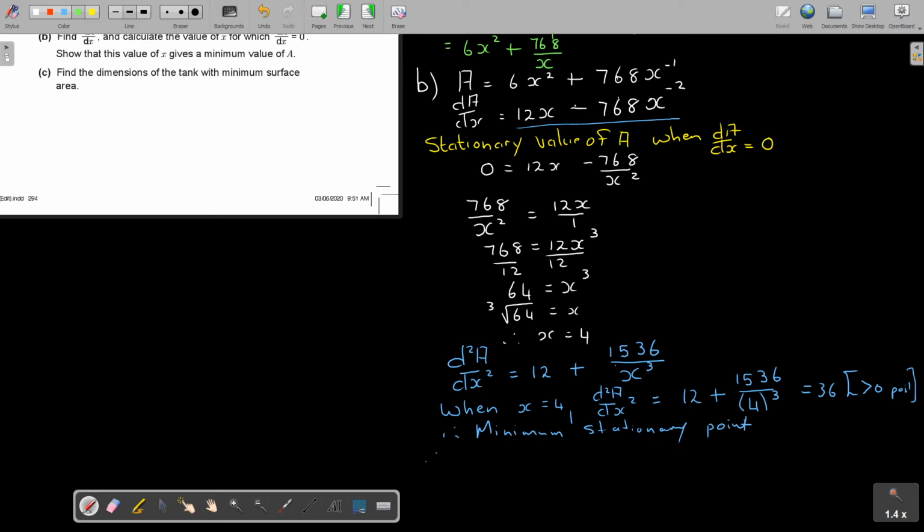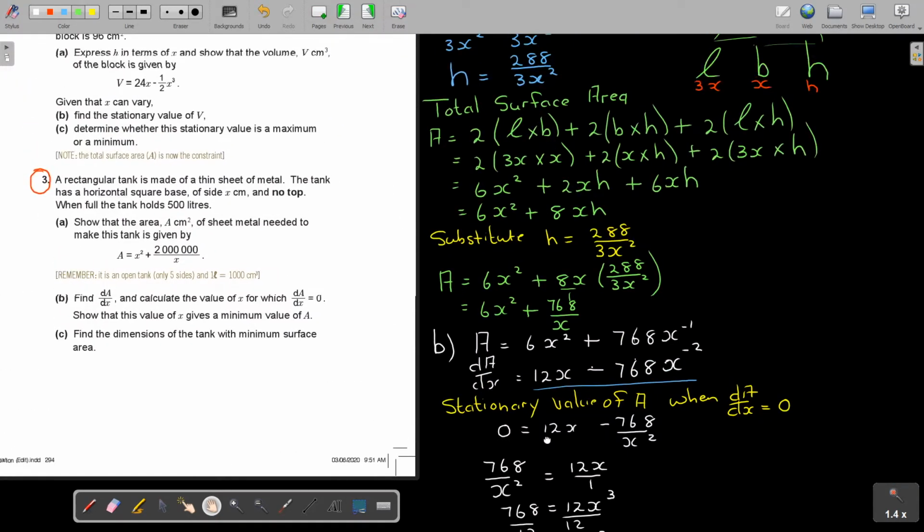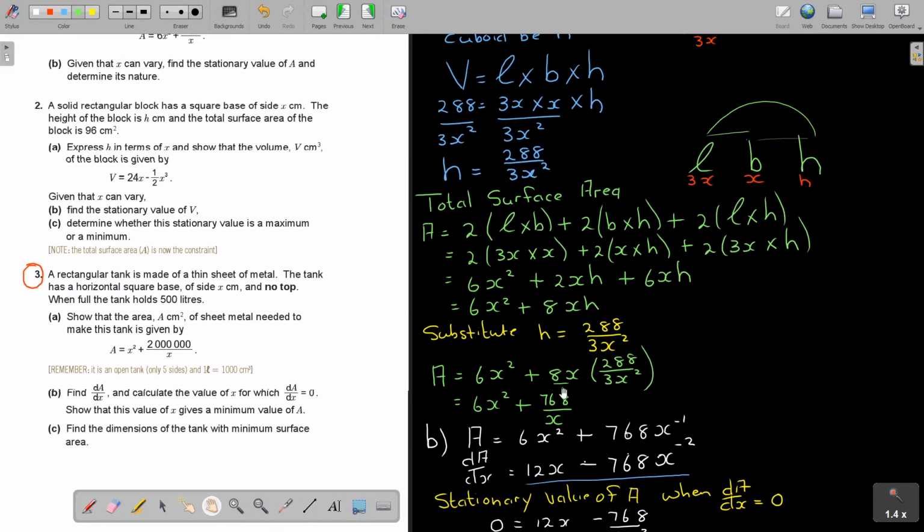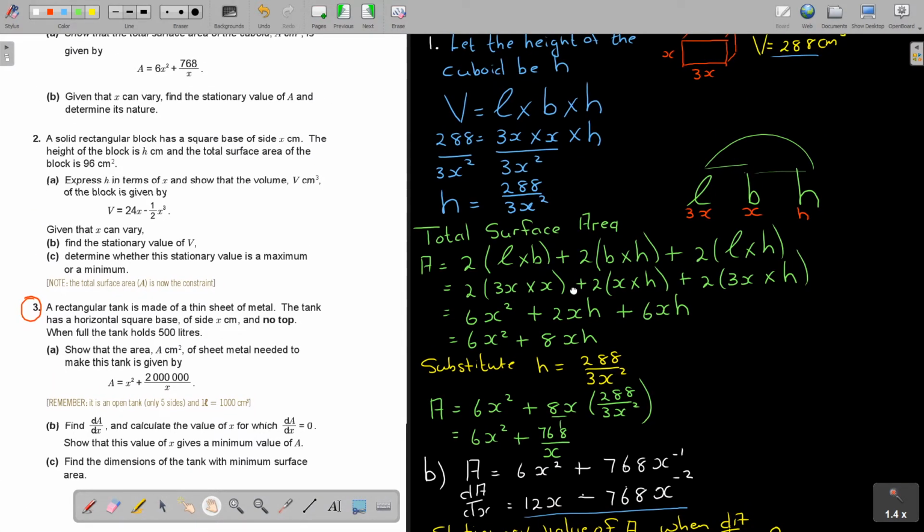So there is stationary value of A, and now I substitute just that value of x in that. Okay, can I just go up and down in the formula that you had there, in that formula?